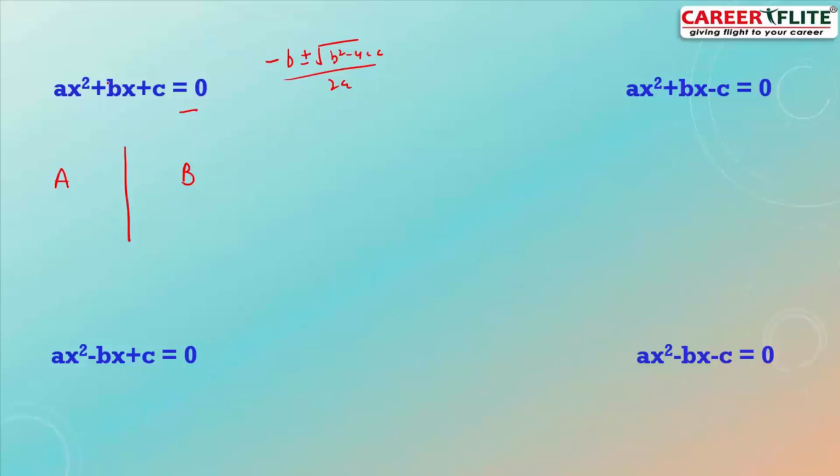Now how to decide the value of the roots, meaning the sign? First thing is the sign convention. How to determine it? In the first equation you see this is positive. If it is negative, it will always change to positive. If it is positive, it will always change to negative. So here this positive will always change to negative.